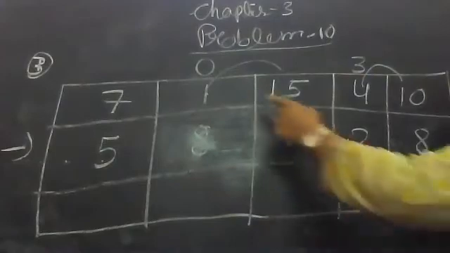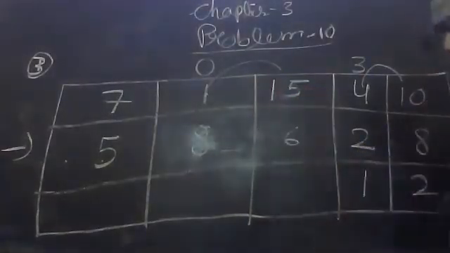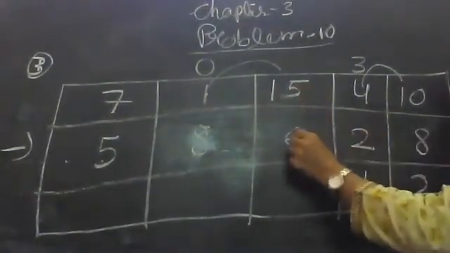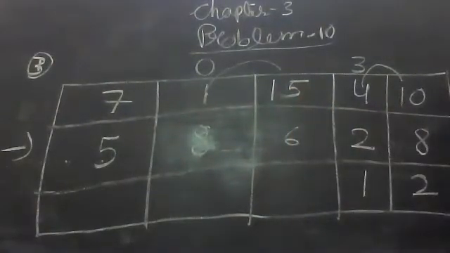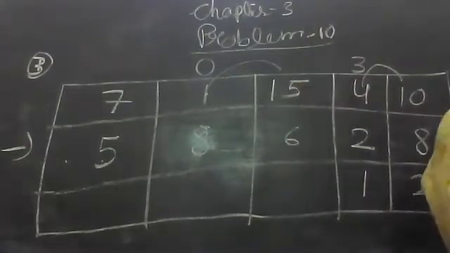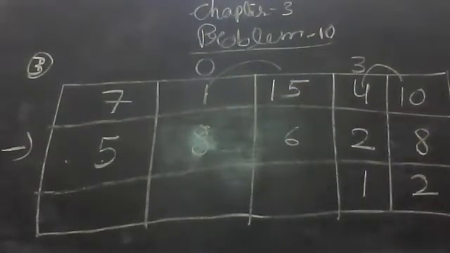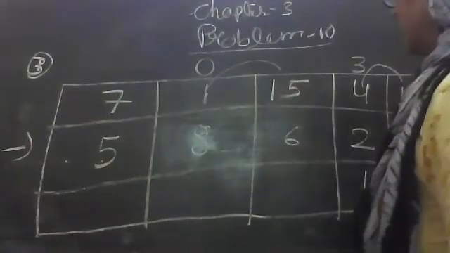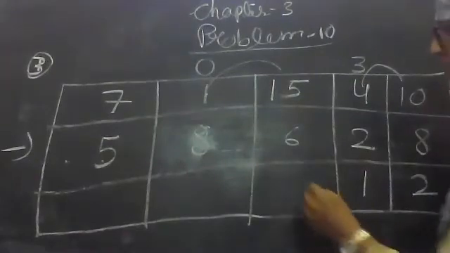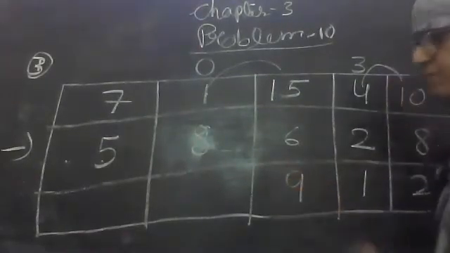Understood? अब ये यहाँ पे 1 आ गया. So here it becomes 15 and here it becomes 0. So from 15 you can less 6. Okay? Yes, this is actually the pattern of doing subtraction. So now 15 less 6, it is 9.